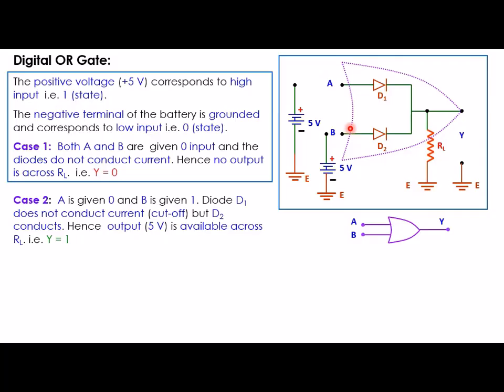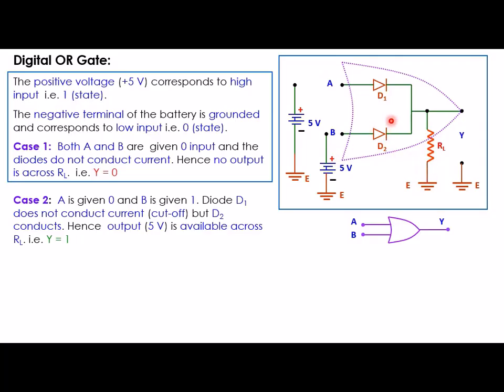A is again connected to ground and hence the P side of diode D1 is 0 and the N side of diode D1 is also 0. Therefore, diode D1 is not in conducting state whereas diode D2 will be in conducting state, since diode D2 is forward biased where the P side is given plus 5 volt and the N side is given 0 volt.